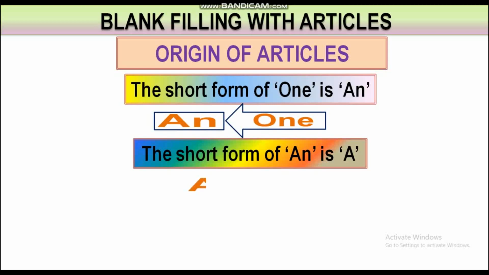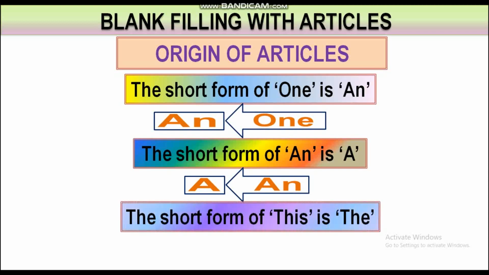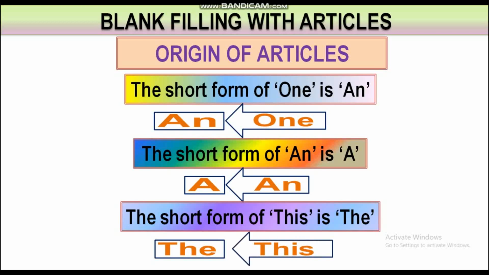That means article a is originated from the word an. And the short form of these is the. That is, article the has come from the word these, and this is a demonstrative adjective.